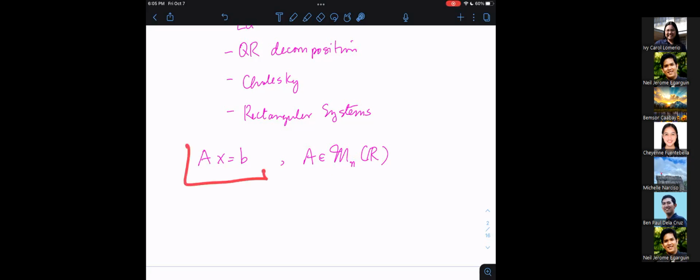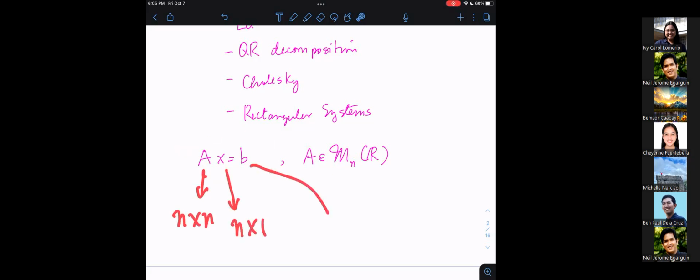And this is a classical linear system that we were taught how to solve, say, in our college algebra days, right? So na kapag ka meron kang isang matrix na kaya mong isulat, kung meron kang isang linear system that you can write in matrix form, AX equals B, where A is n by n, and your vector of unknowns is an n by 1 vector, then your right-hand side is an n by 1 vector again.